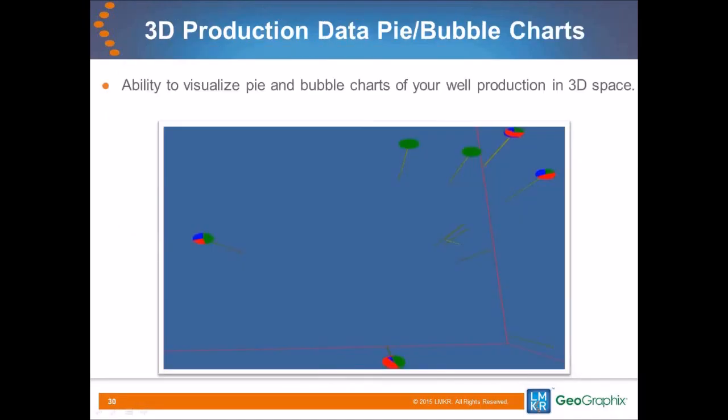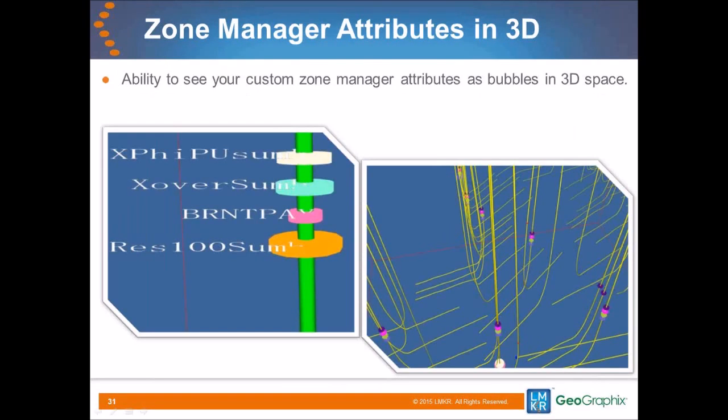We've added the ability to visualize pie and bubble charts in the well production in the 3D space, and this is in the newest release. Also, we've added the ability to visualize your zone attributes.